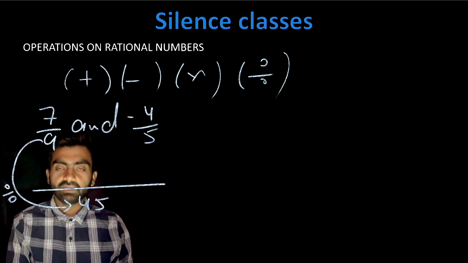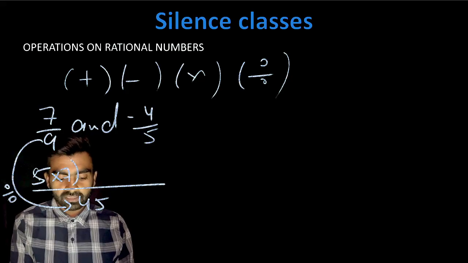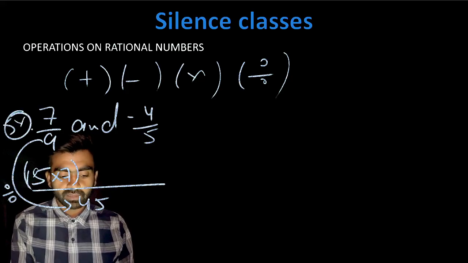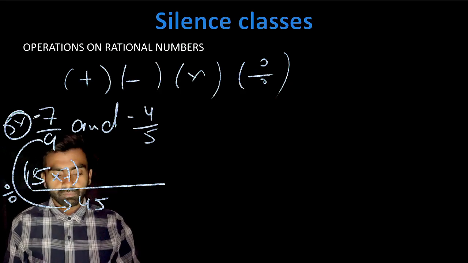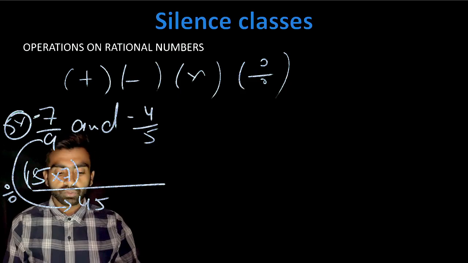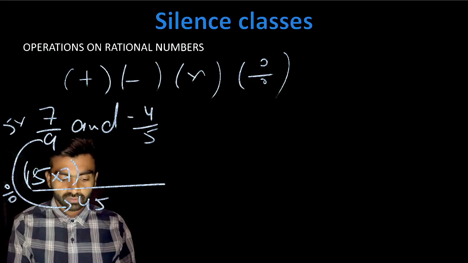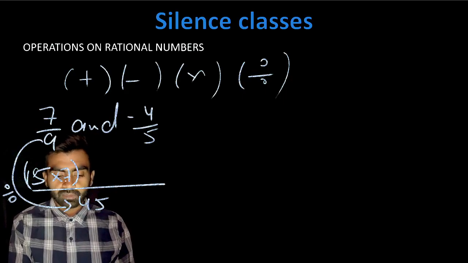You will get 9 fives are 45. Now multiply by it. That means the denominator divides the LCM, and whatever answer you get, you multiply it by the numerator. So 5 multiplied by 7.